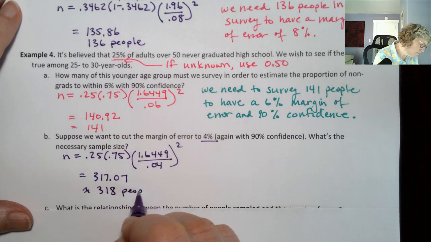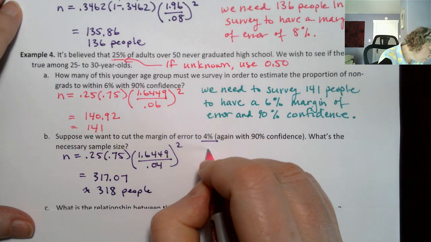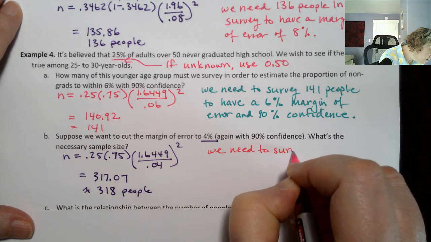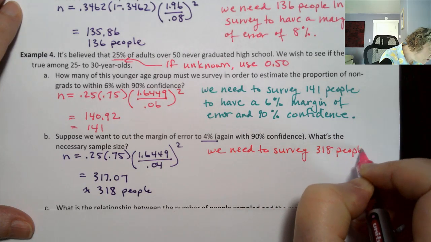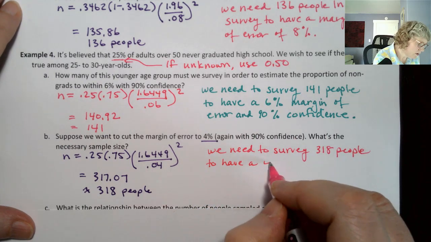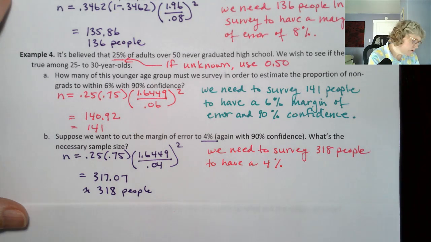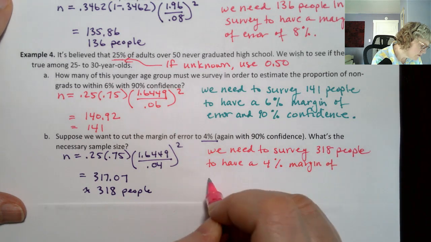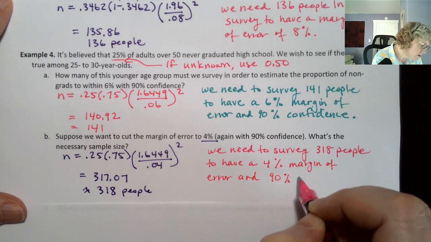Okay. We need to survey 318 people to have a 4%. So that's still kind of large, 4%, right? 4% margin of error. And 90% confidence.